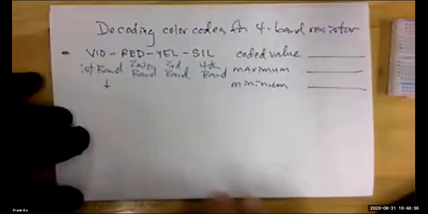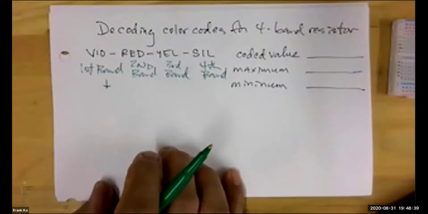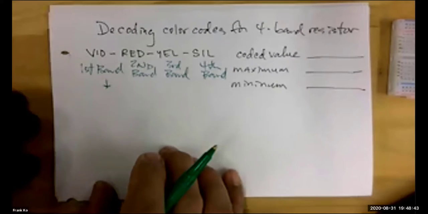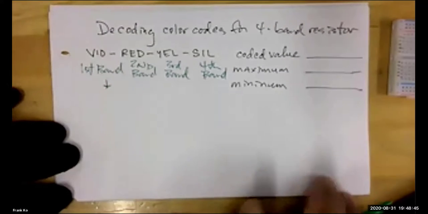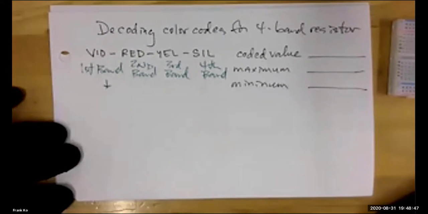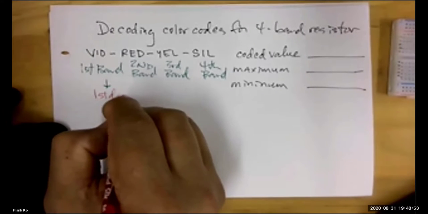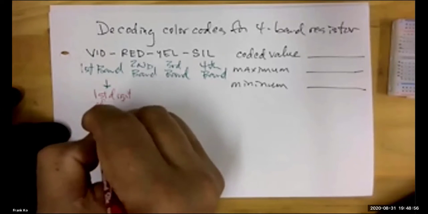All right, so if we could, Rodrigo, what is the meaning of the first band? What does the first band represent to us? The first digit. First digit of the value. Everybody remember? So first digit of value.